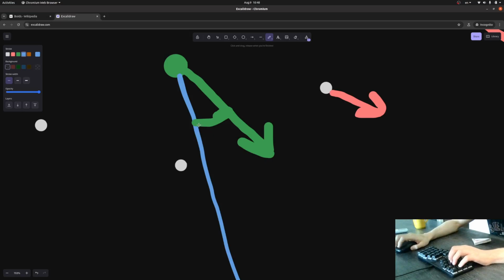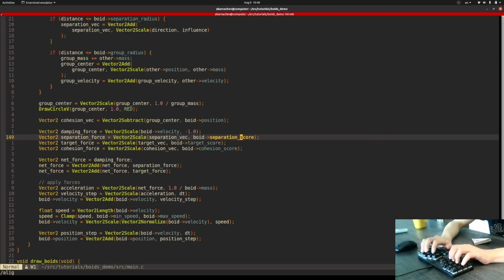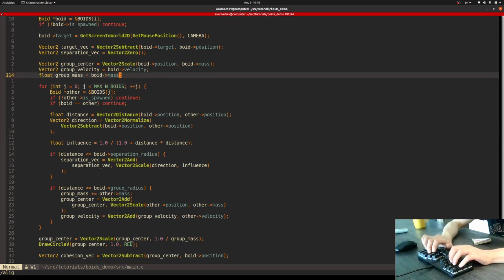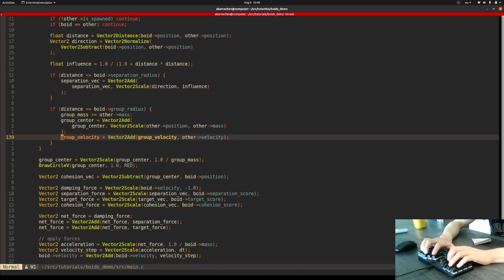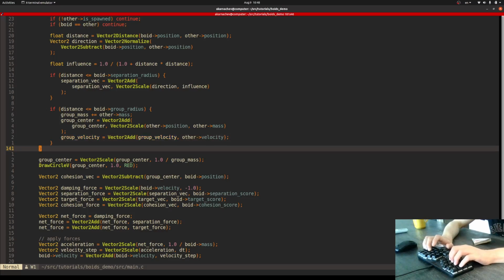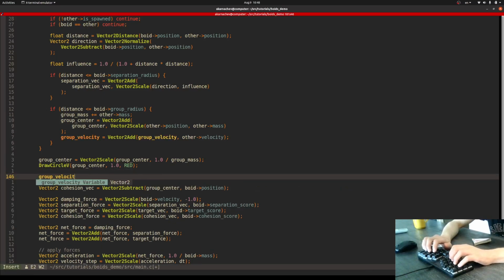You know what? We need to implement a simple rotation. So let's begin with computing this direction. Anyway, let's begin. Group velocity. Yes, I sum together all the velocities, and now I want to obtain group direction.